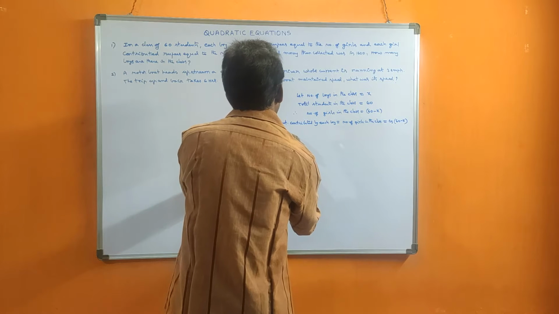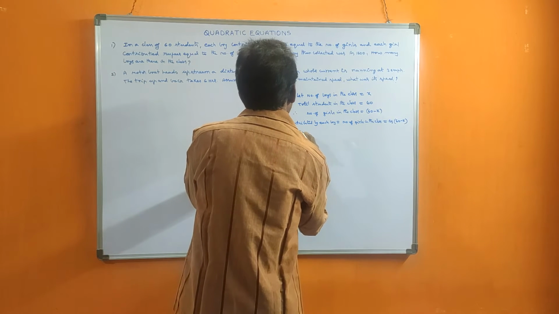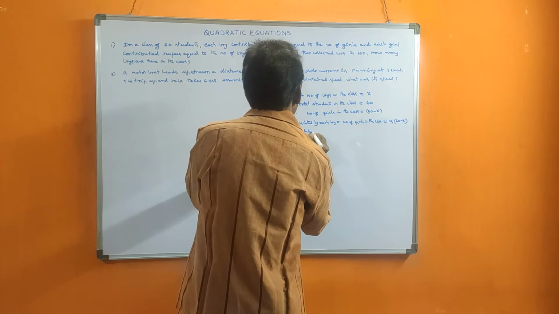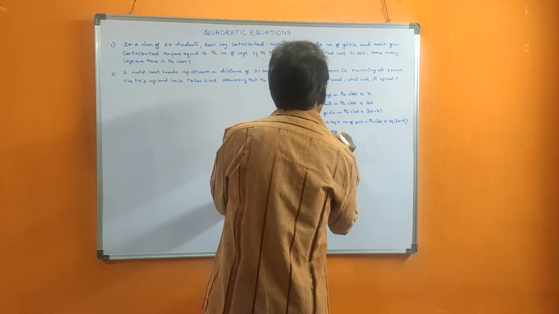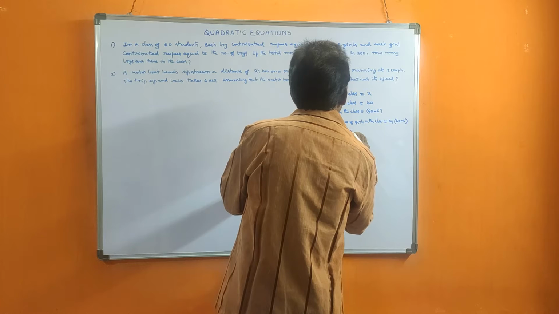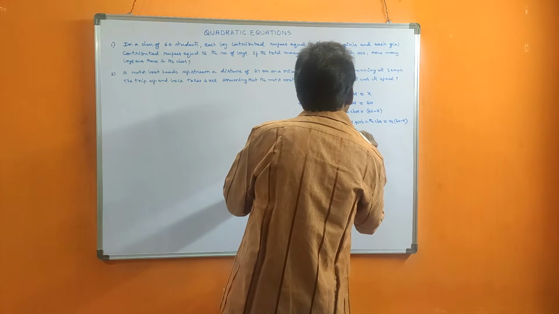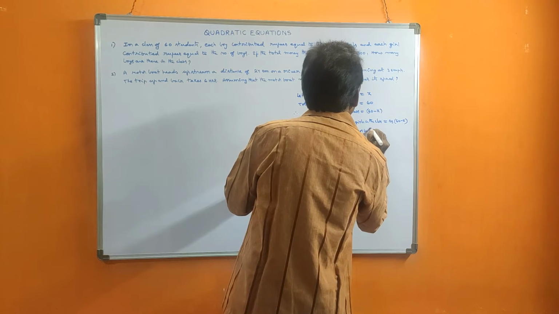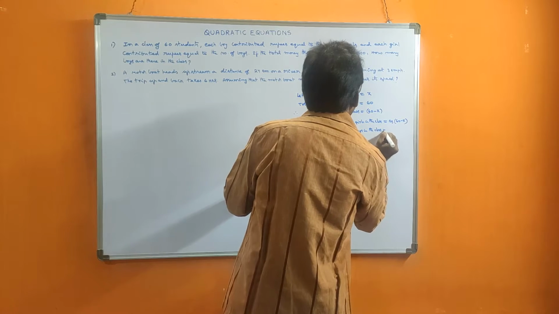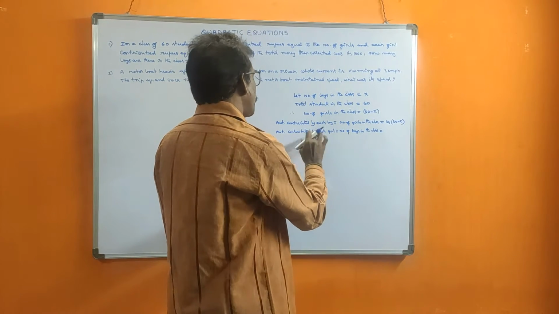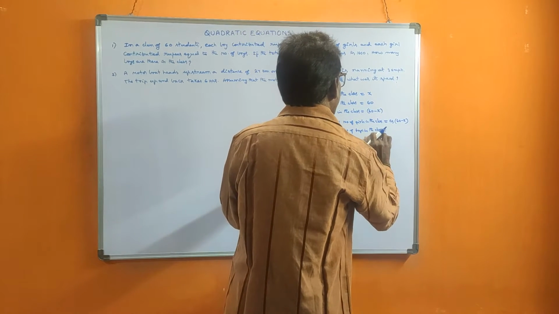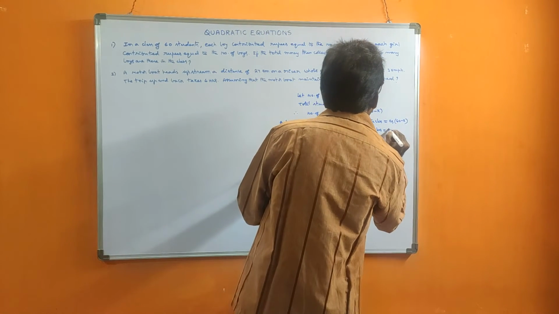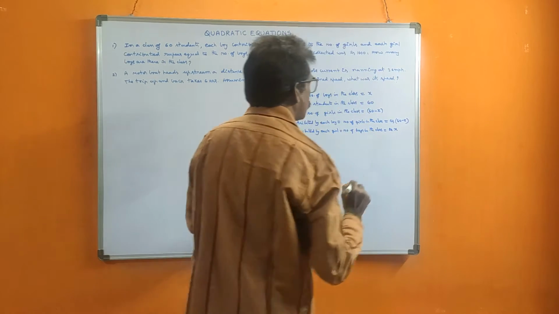Like that, the amount contributed by each girl is equal to the number of boys in the class. So how many boys are there in the class? x. So each girl contributed x rupees.